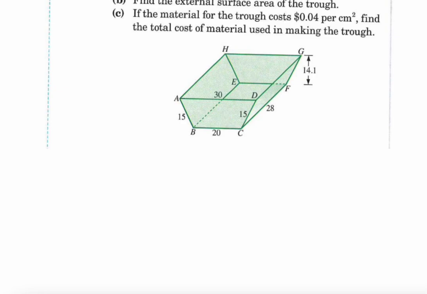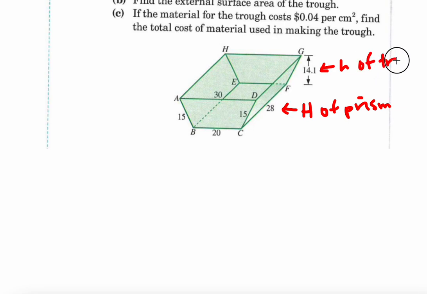All right, surface area. Oops, I erased all my important information. This was the height, small h, height of the trapezoid. And this one was the big H, height of the prism.